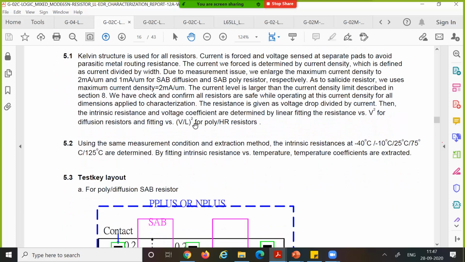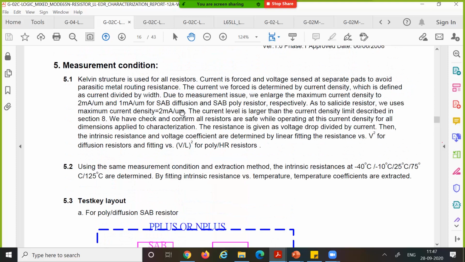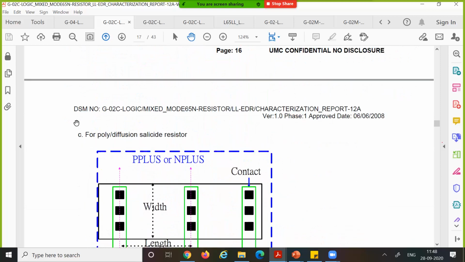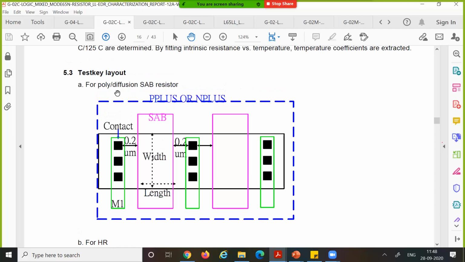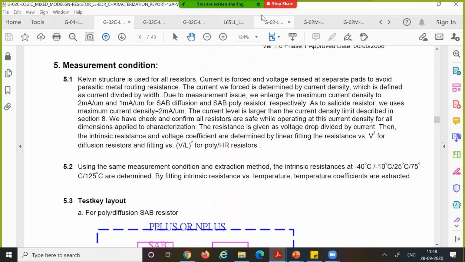SAB is for non-salicided. What it exactly stands for, what material it is, I don't know, and they have not given it also. So poly, diffusion, salicide resistor, HR, and this is the SAB. SAB is basically non-salicide, so probably it's a different material. That's all.